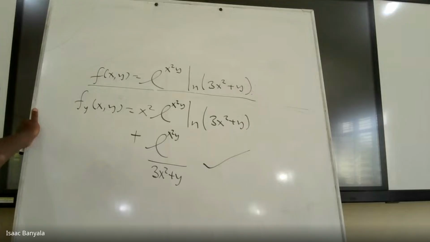The first one, x squared e raised to the power x squared y ln 3x squared plus y, that one is fine. But the other one, if you are differentiating it with respect to y, she maintained the e raised to the power x squared y, right?